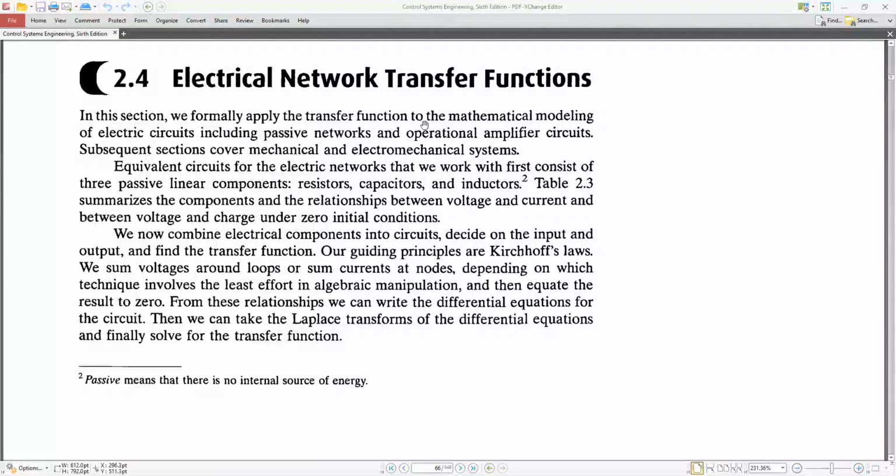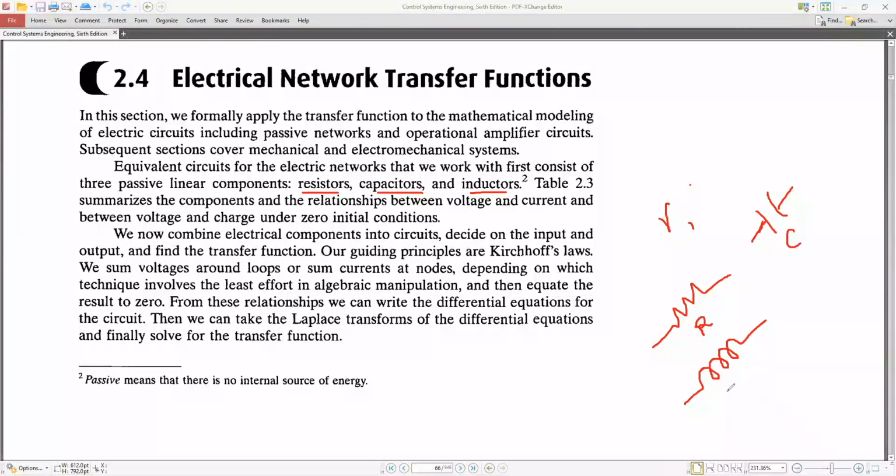Okay, see, it is the electrical network transfer function, and electrical network transfer function has three things: the resistor R, the capacitor, and the inductor. You know the resistor, the capacitor, and the inductor.